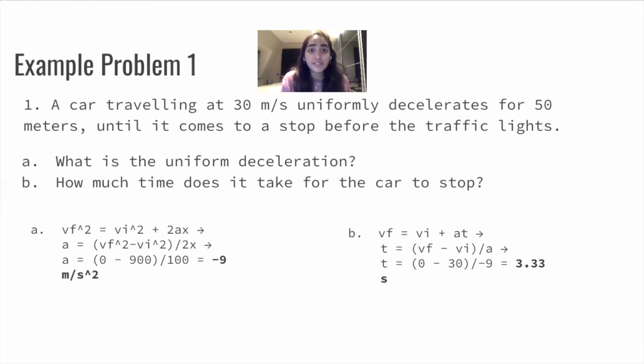What's really helpful for these types of problems is to label all the various variables that you have, as well as the values that are known and unknown, and therefore we can then eliminate some of the kinematic equations that are not applicable to the situation.